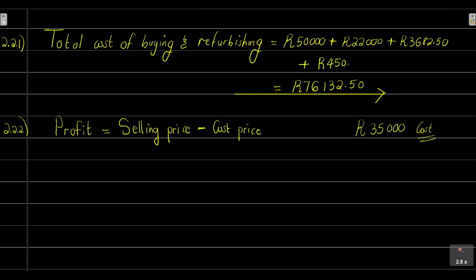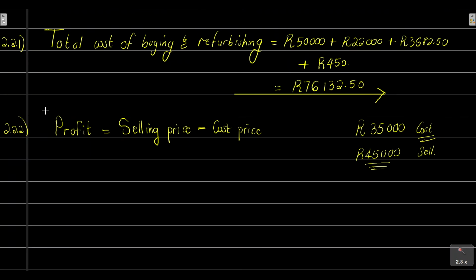You want to sell this Taz for 45,000. So you sell the Taz for 45,000. What will help us determine how much profit you make? The profit will be how much you sold the car for minus how much it cost you to have that car, and that will help us get the profit.